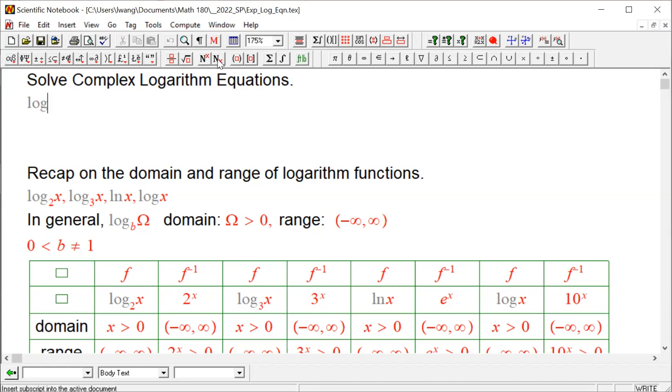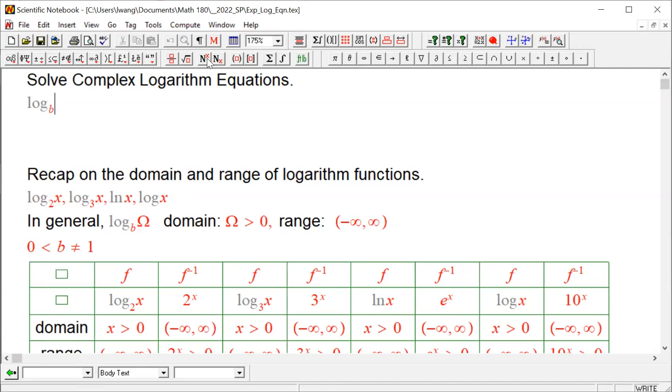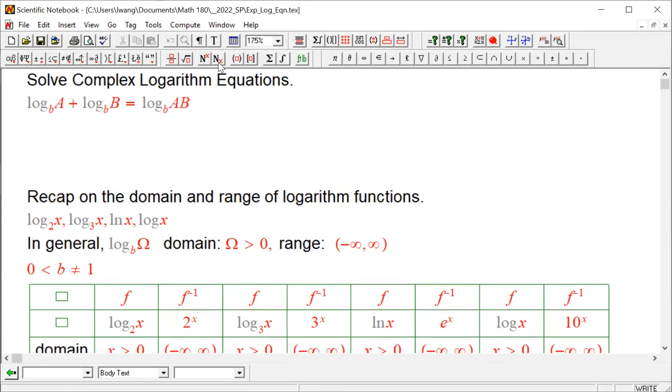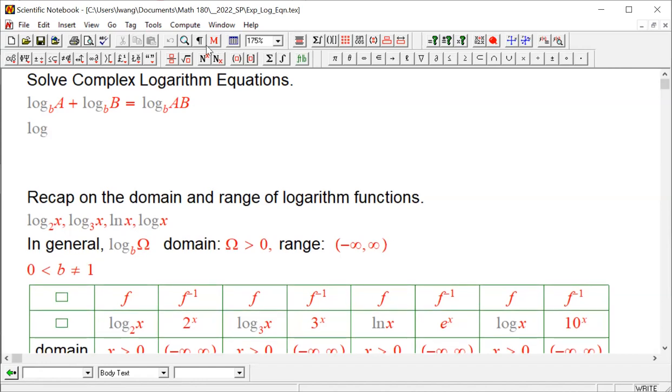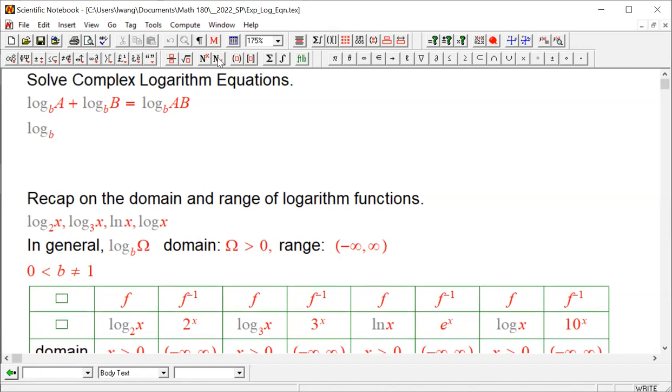For a logarithm base B, if we have a sum like this with the same base, and A and B are in the domain of the logarithm, that equals the log of the product, A times B. If we have log base B of A subtracting log base B of B, that equals log base B of a quotient.